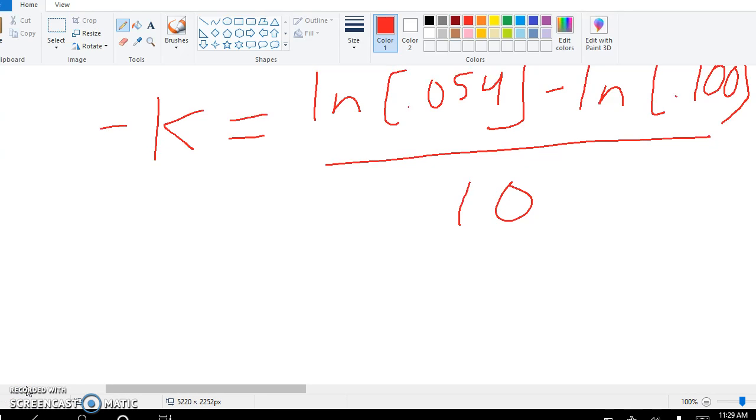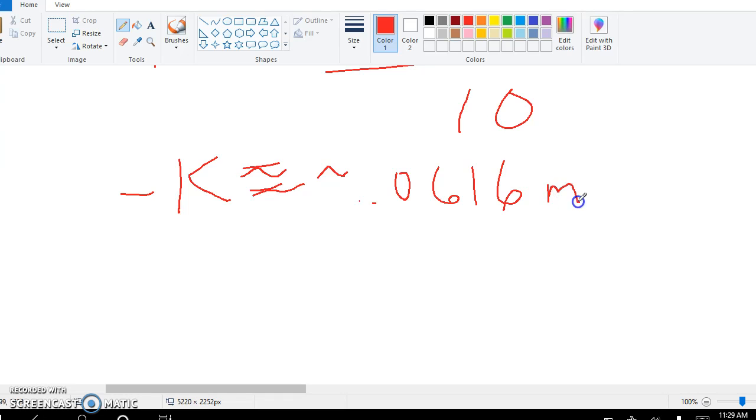Pause right now and let you do it. My answer, what I got, was negative K is equal to about negative 0.0616. It might vary just a little bit depending on what you use. But make sure that your units are going to be minutes to the negative 1 power.